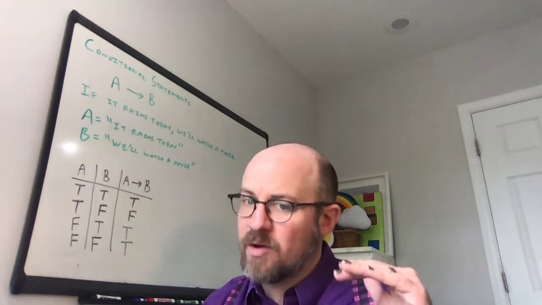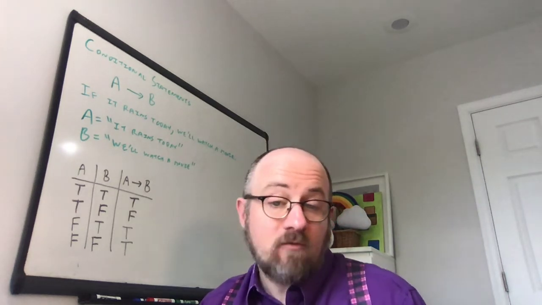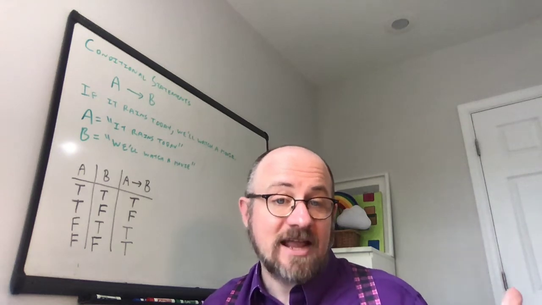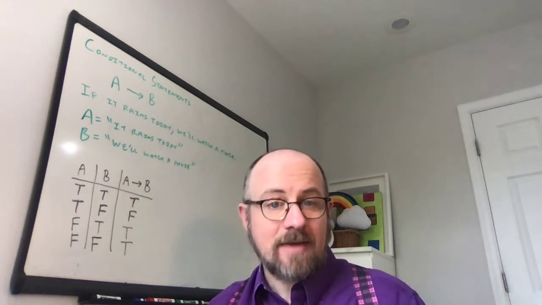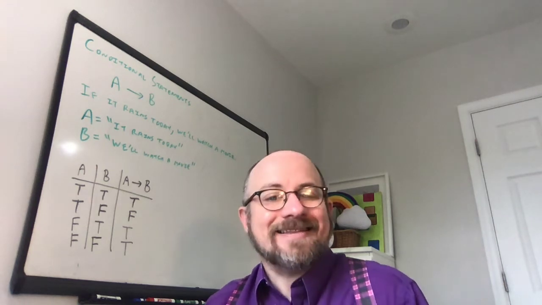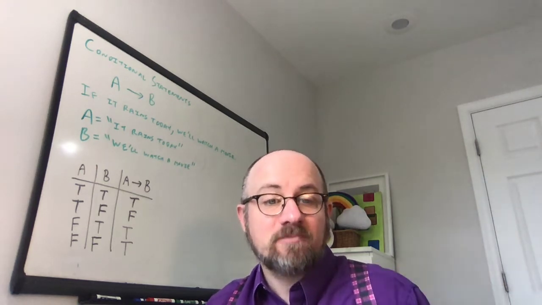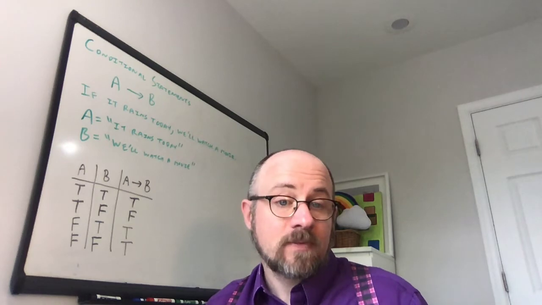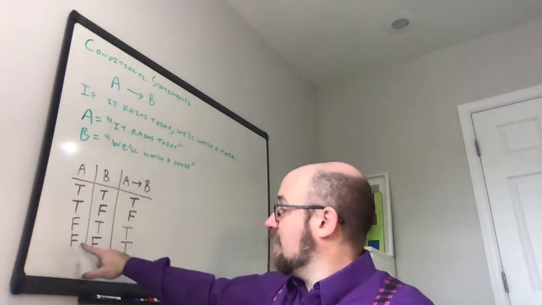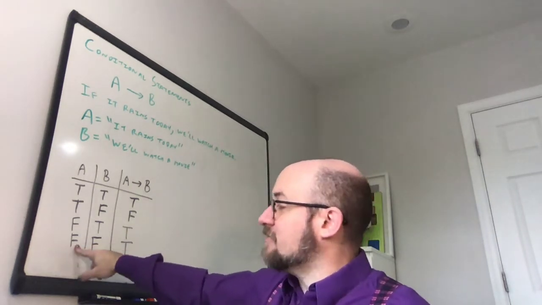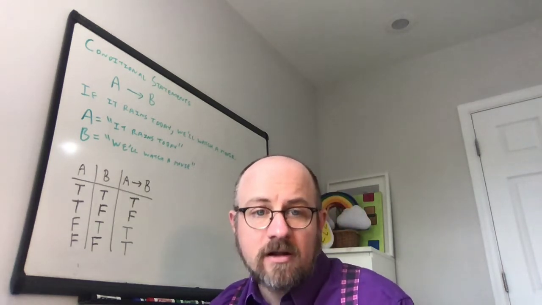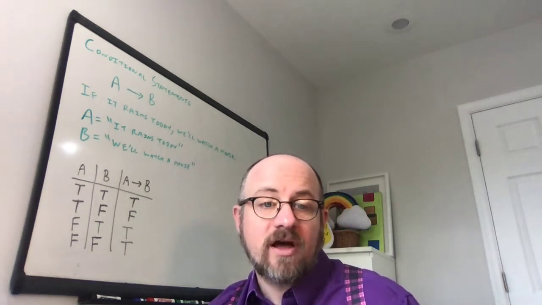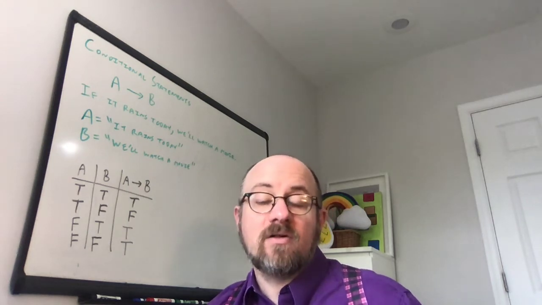We said if it rains today, we'll watch a movie. But if it doesn't, we haven't said anything at all about that. And so we haven't contradicted the statement. The statement was not a lie. It didn't get tested because the first part, A, was false. Similarly, if A is false and B is false, if it doesn't rain today and we don't watch a movie, we haven't tested whether it's true or not, and so the statement still holds.